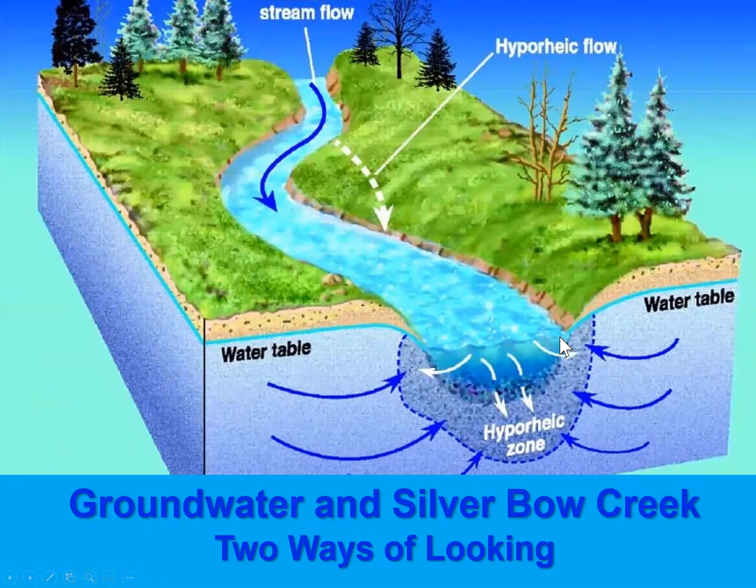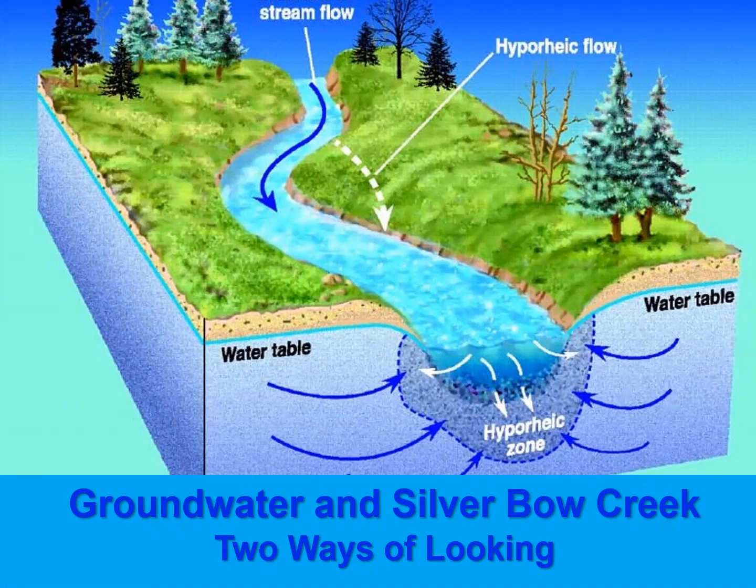The other way this can work, though, is you can have the water table actually going that way. In other words, the stream would be providing water to the aquifer instead of the aquifer providing water to the stream. So I just want to get that clear.